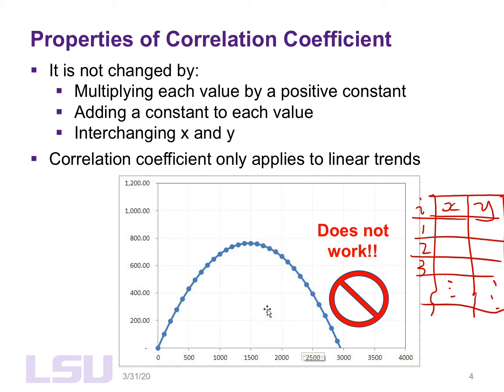If you go in and multiply each value here by any constant value which is positive, say 2, your correlation coefficient will not change. That's what we're showing here. The correlation coefficient doesn't change when you multiply your data set through by a constant.